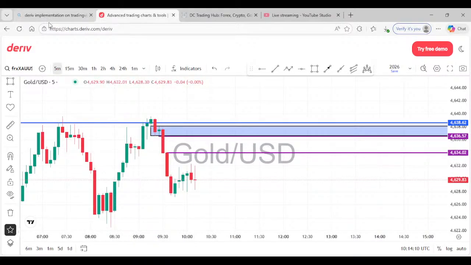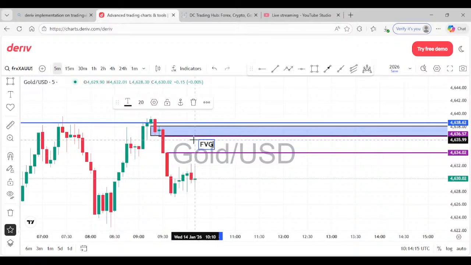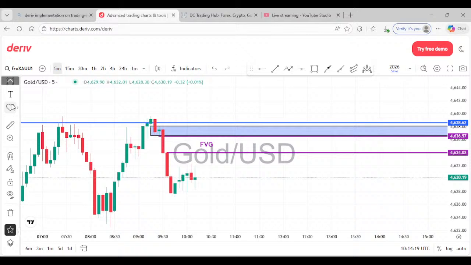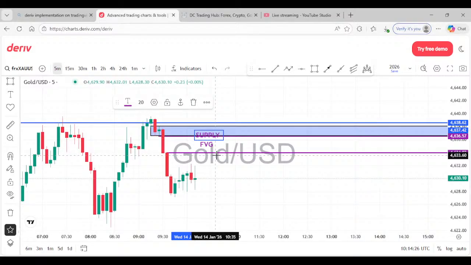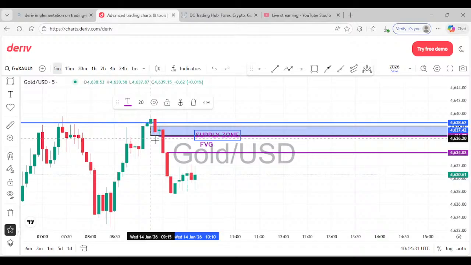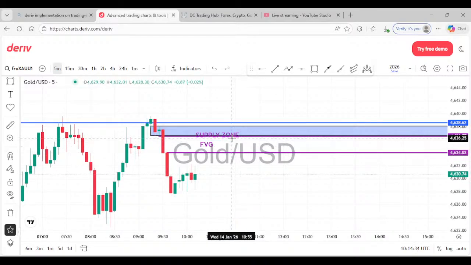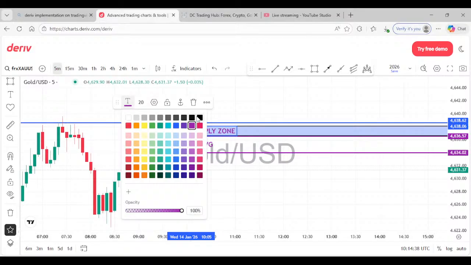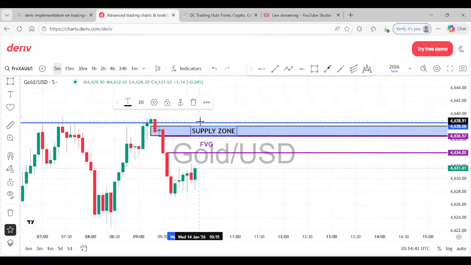So we have a fair value gap. Then we have a supply zone. So we have a rally base drop. Yeah, that one is strong. You can add another sell.